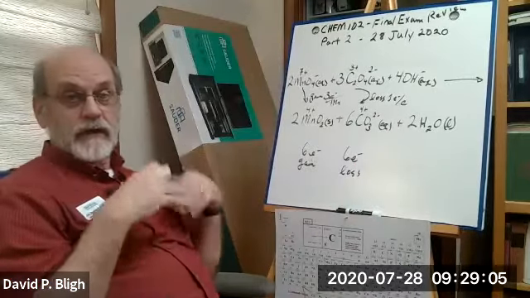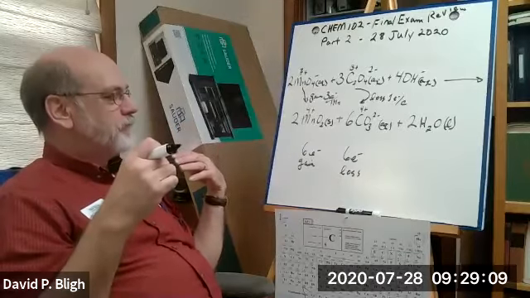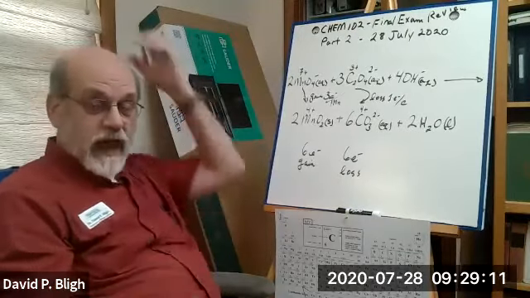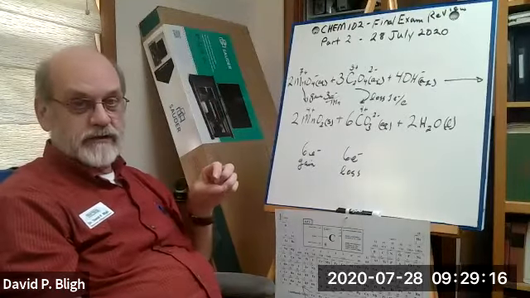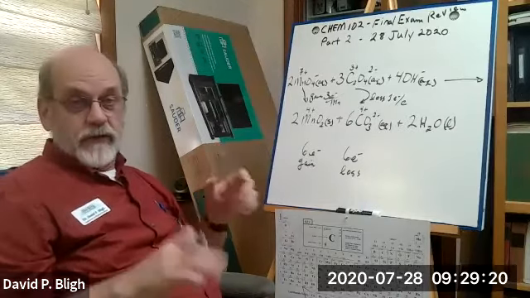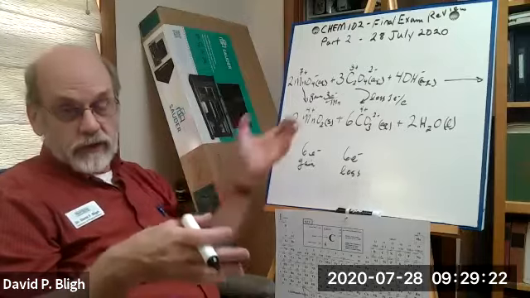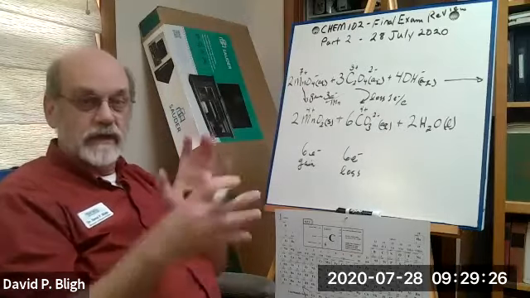Okay, so if we wanted to write this reaction as independent oxidation and reduction reactions, and for instance, if we wanted to create a battery using this reaction, we'd have to know which half cell is which.